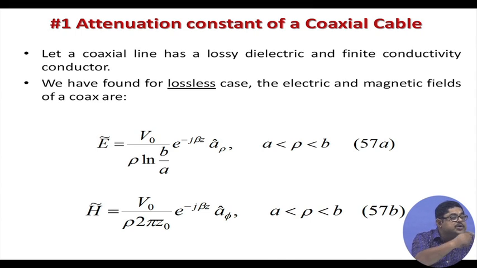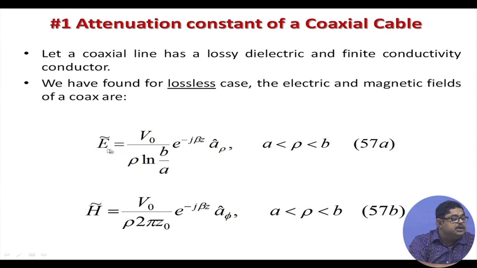On that premise, we first take the lossless case and find what the electric and magnetic fields are for a coax, which we have already shown in the coaxial line part: the electric field is radial and the magnetic field is circular.